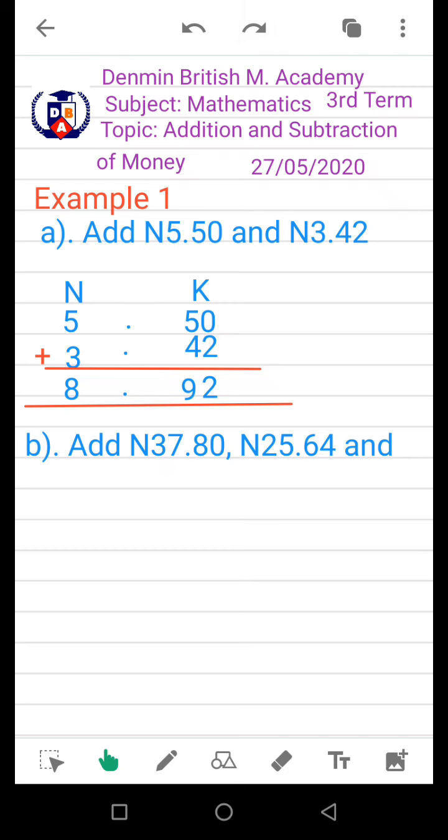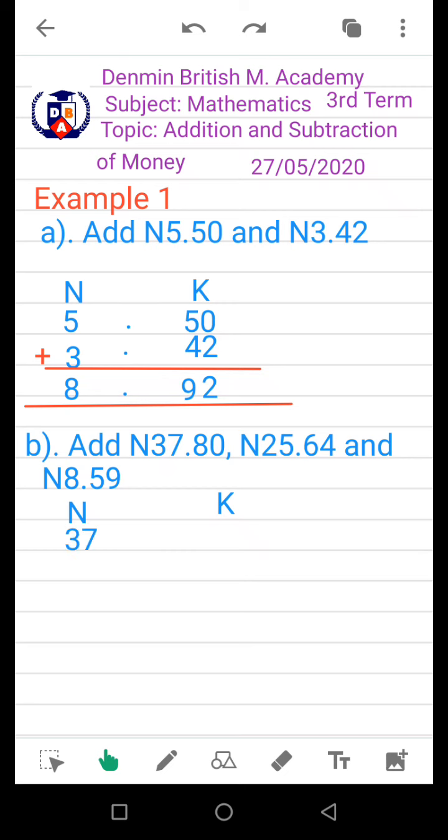Add 37 naira 80 kobo, 25 naira 64 kobo, and 8 naira 59 kobo. Like we said, you have your naira side, then you have your kobo side.